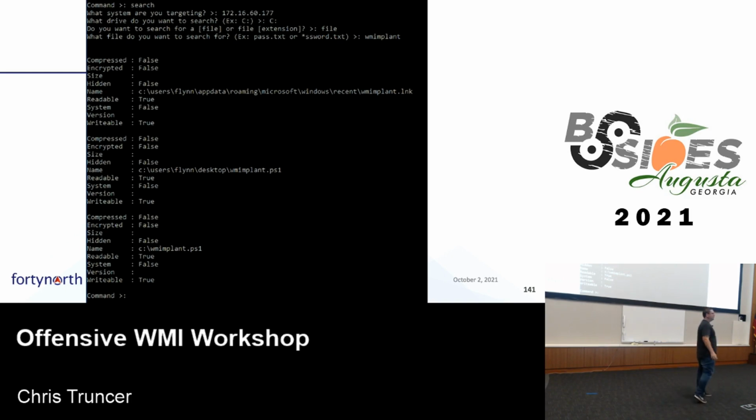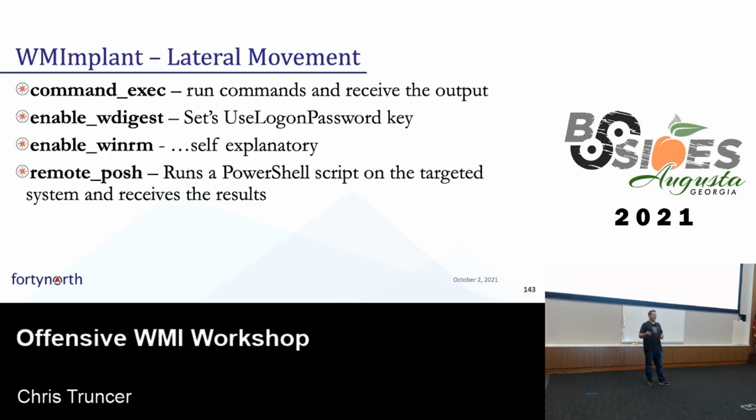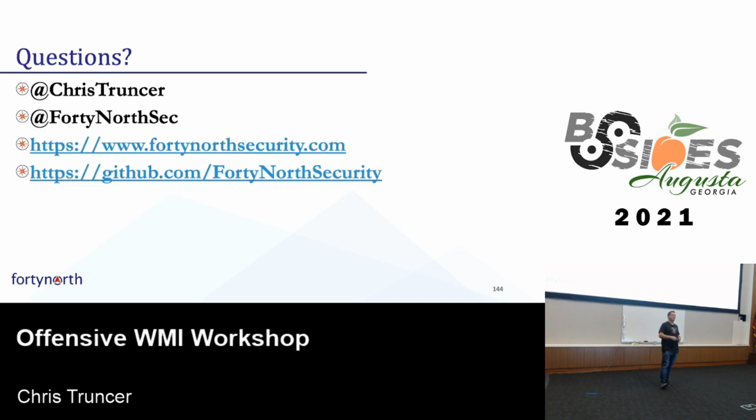So as you can imagine, you could do this to search for any file type, anything that you can think of. It'll search by file extension or by name, and it can wildcard everything. That's mostly it. You can run commands. You can do blind process creation, or you can have commands run where you actually get the output. Same concept with PowerShell. You can run a PowerShell script on a system and retrieve the results.